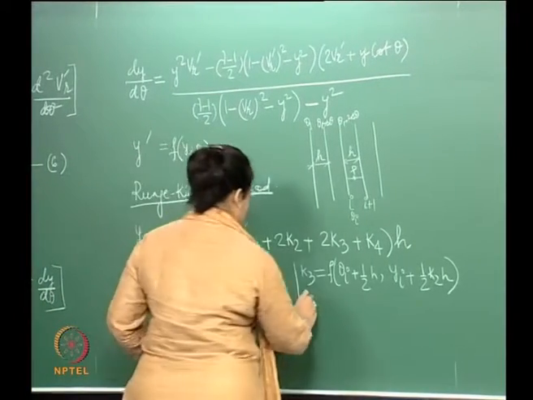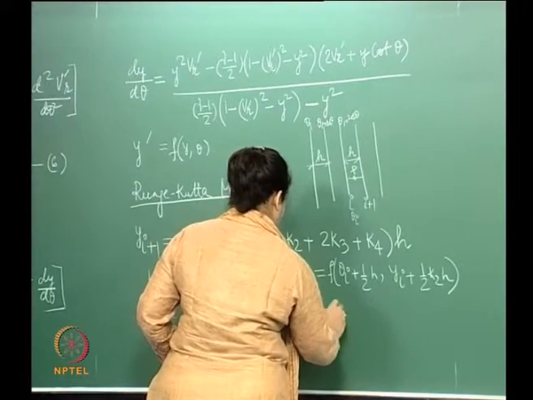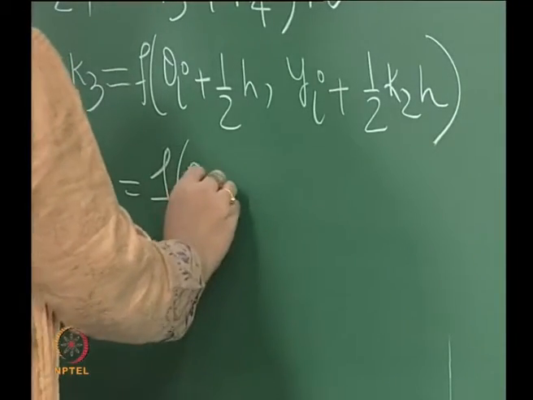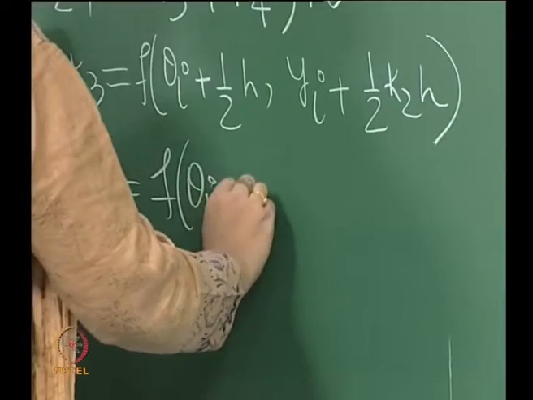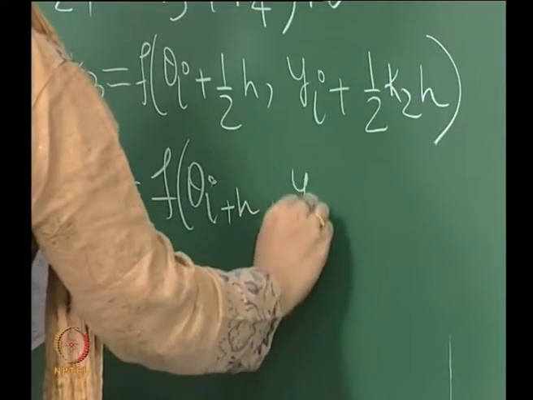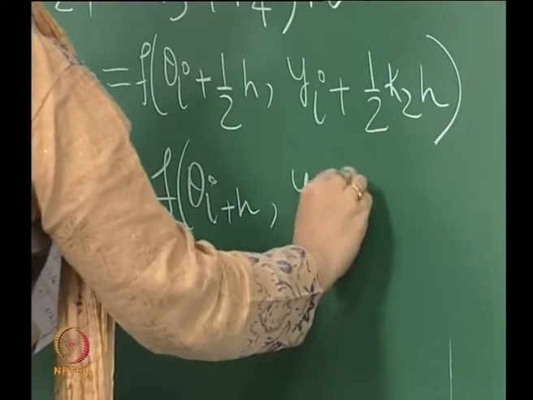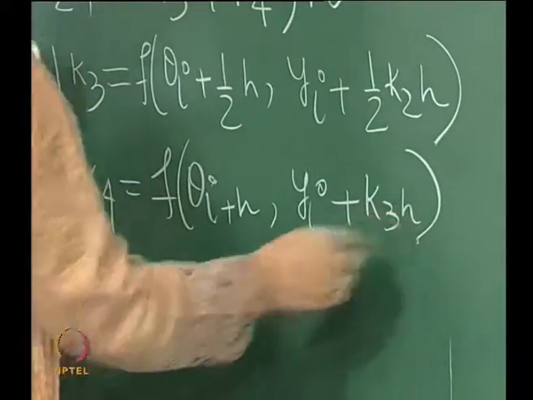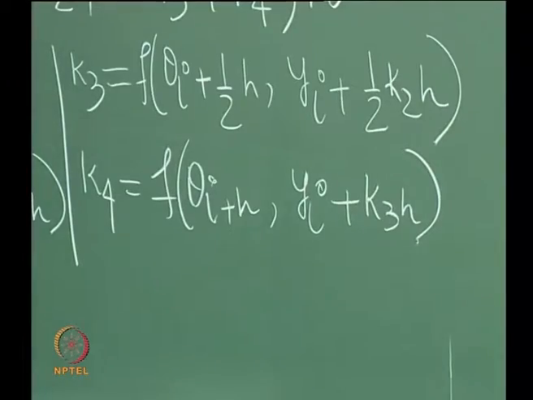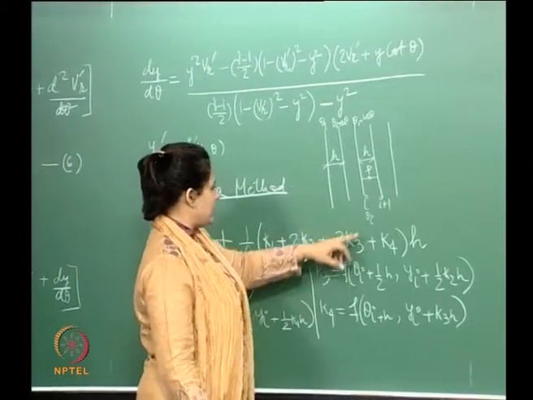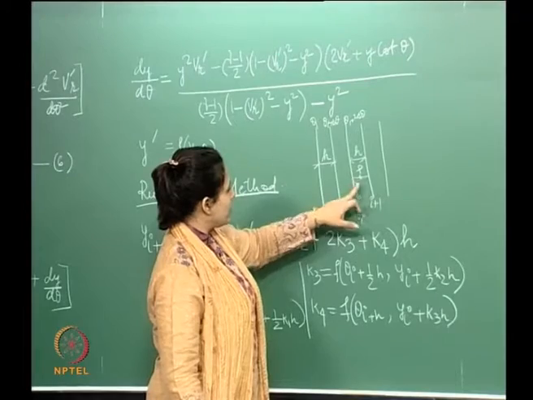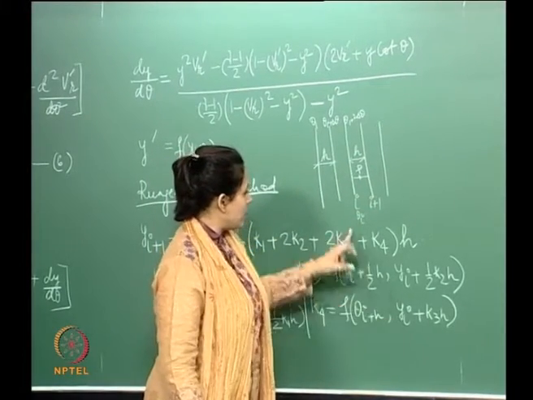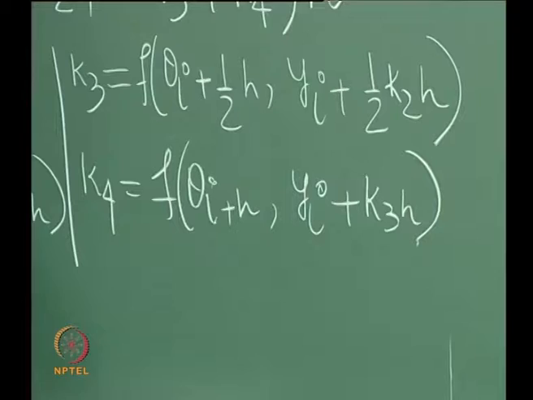And k4 is of course the function at theta i plus h, which is here. This is the theta, and the y is y i plus k3 into h.